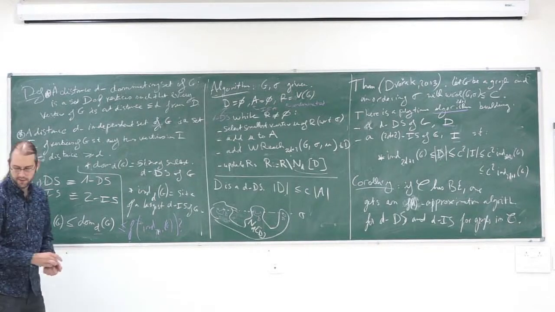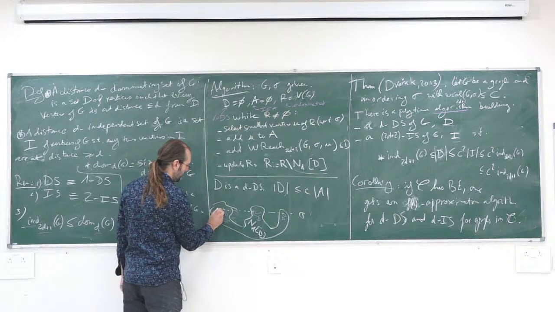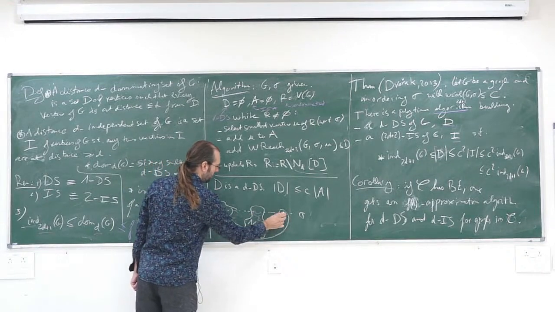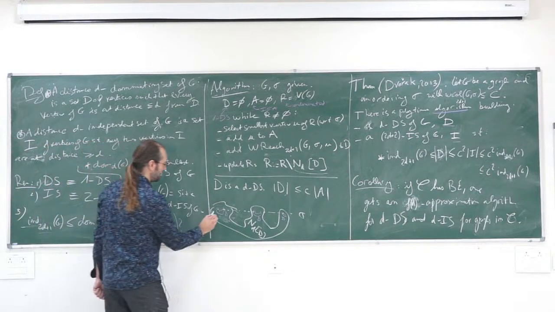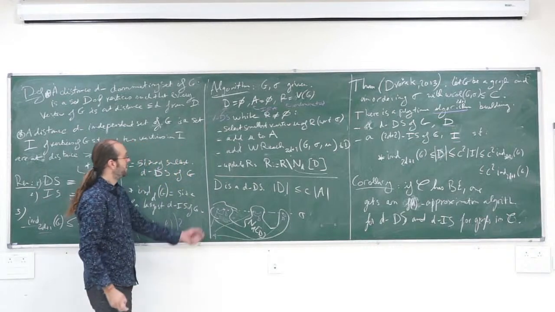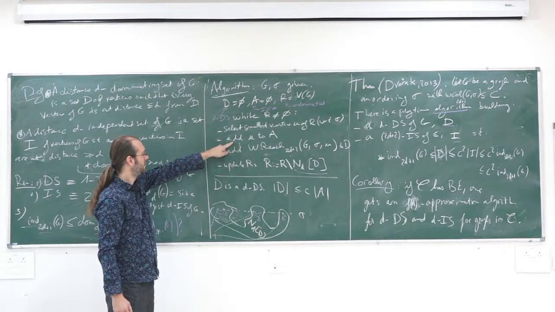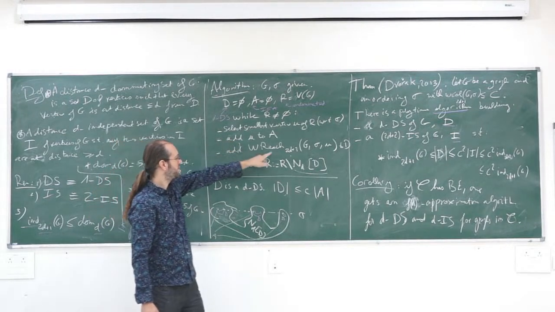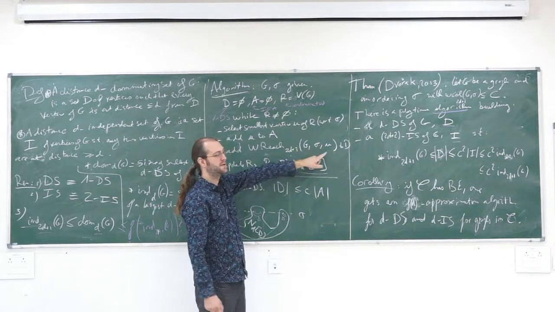And inside my D, I have my A. So my A is some vertices of D. A is very small, and you see what's going on because we select a vertex U, we put it in A, and then we put all the vertices reachable from U inside D. In particular, we put U inside D also.